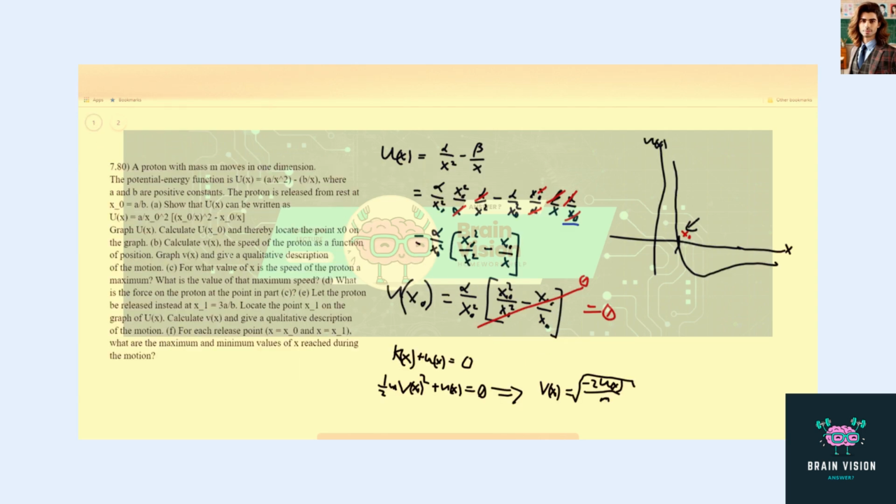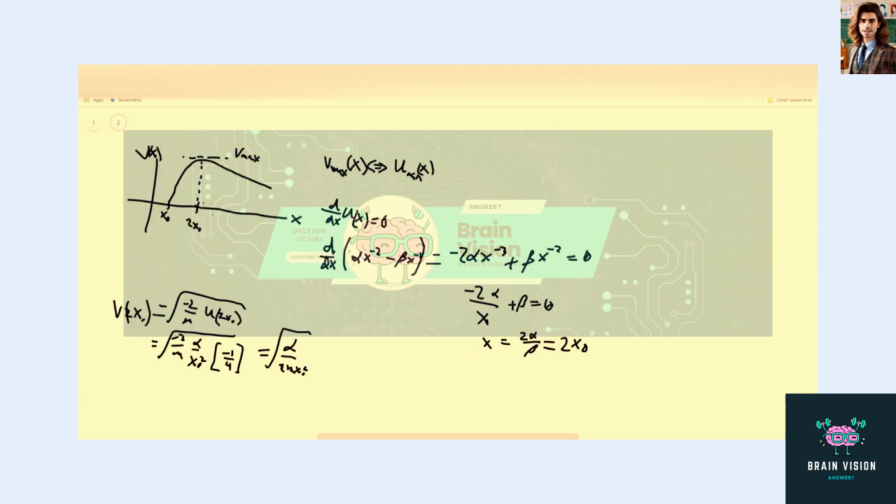Let's see what's next. What is the force on the proton at that point? At the point in part C. Okay, so let's solve that. We know that the force at that x is equal to -d over dx of u of x. So F at 2x naught, that point up there at the peak, is equal to that derivative again at 2x naught.